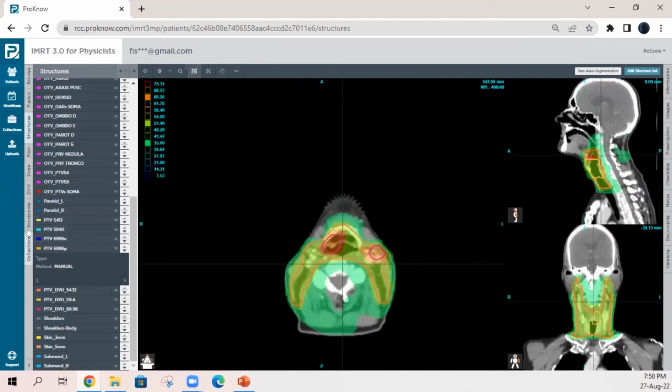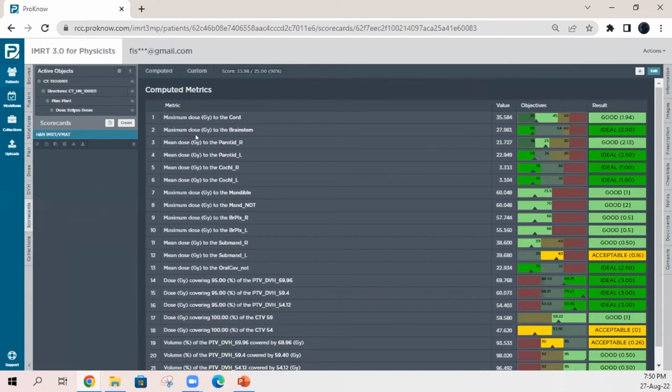So if we go to the scorecards, you can see here, for the spine, he did not reach the full mark. He reached good because he was about 35. So he exceeded the ideal and went into the good region. So he lost about half a mark here, more or less. And also here, where we have the mean dose for the submandibular glands, we said we need to minimize the dose of the 50%.